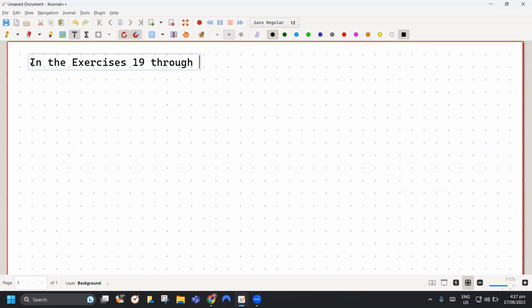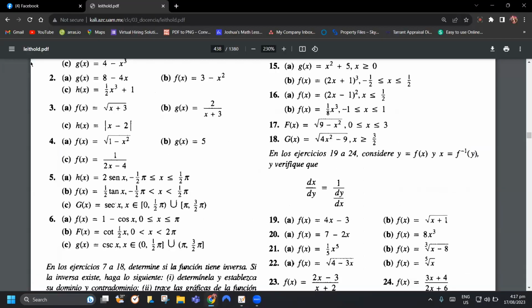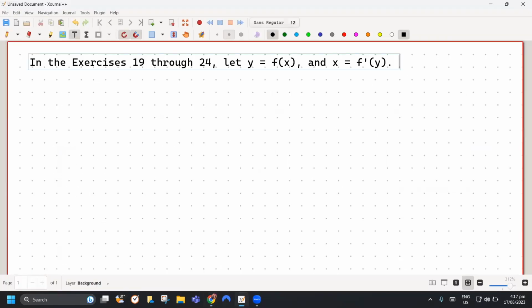So, in exercises 19 through 24, let y be equal to f of x. And x equals f inverse of y. Wag prime. F raised to the negative 1. Or maglagay ka lang ng space para i-handwrite mo.